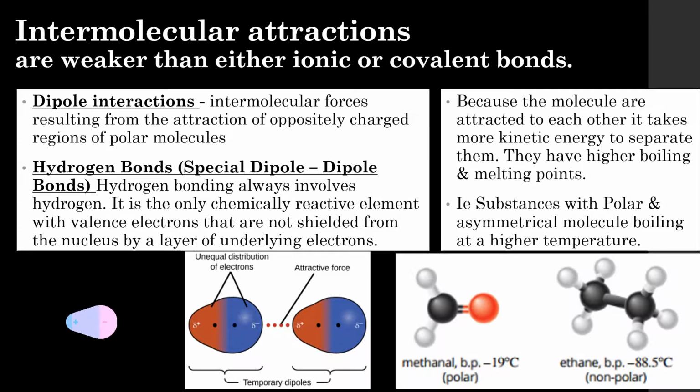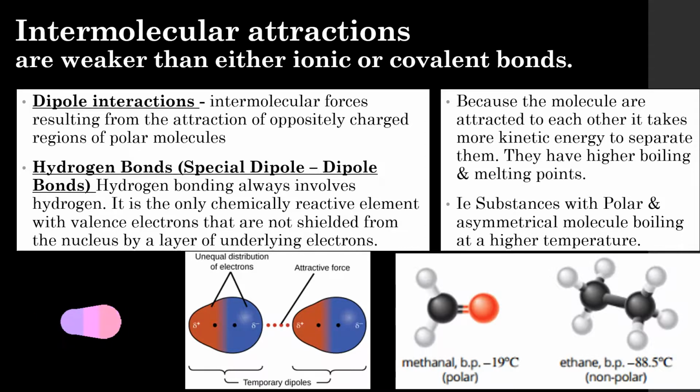Now, hydrogen bonds are a special type of dipole-dipole interaction, and this always includes hydrogen. Now, it's the only chemically reactive element with valence electrons that are not shielded from the nucleus by the layer of underlying electrons. Now, what's interesting here is we have a look at methanol and ethane. What do we got? We've got C, H, and an O there, whereas ethane is C2H6. And you can see that methanol, even though it's smaller, has a higher boiling point, and that has to do with the attractions of the methanol to the other methanol.